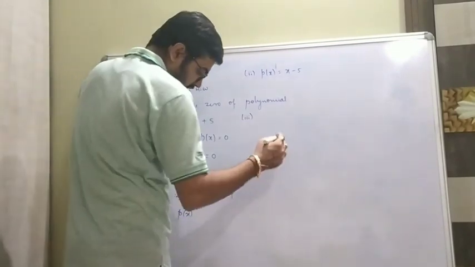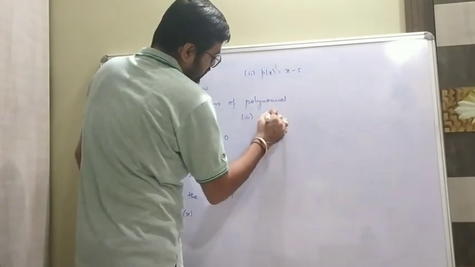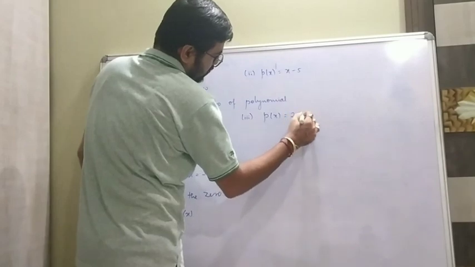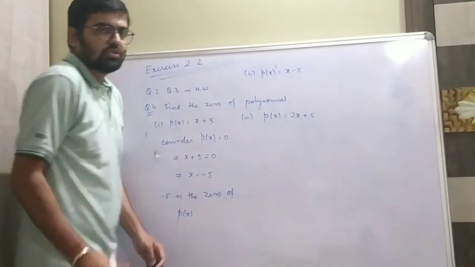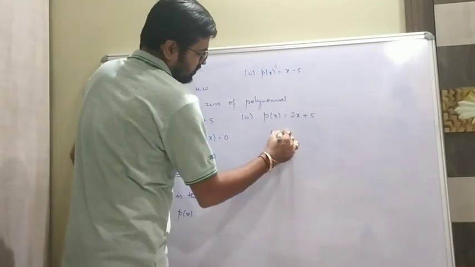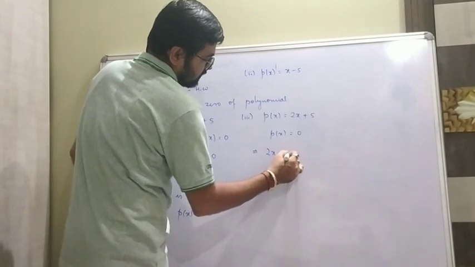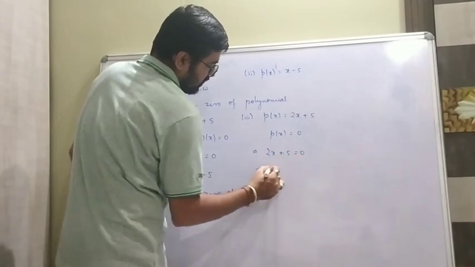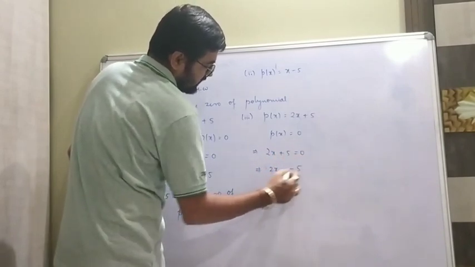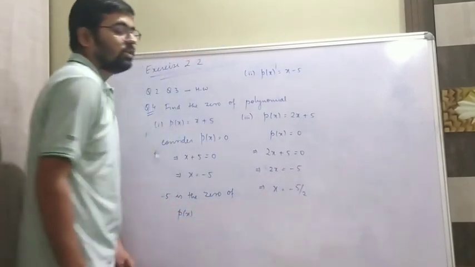Now the third one is p of x equals 2x plus 5. The method is not going to change at all, we are going to consider the same thing. So I will take p of x equals 0, that means 2x plus 5 equals 0, 2x equals minus 5, so x equals minus 5 by 2.